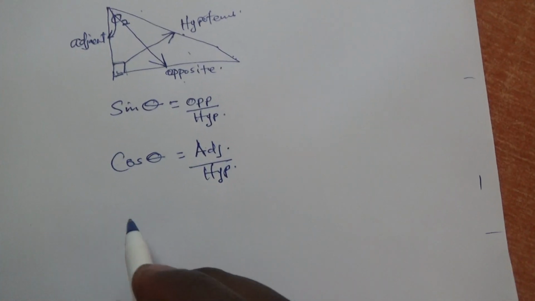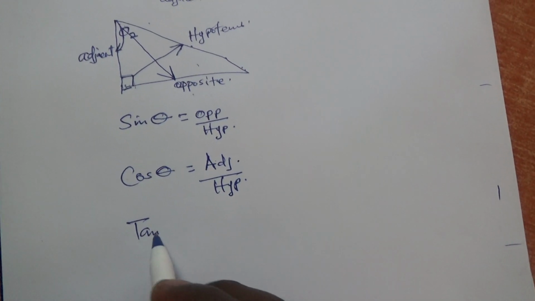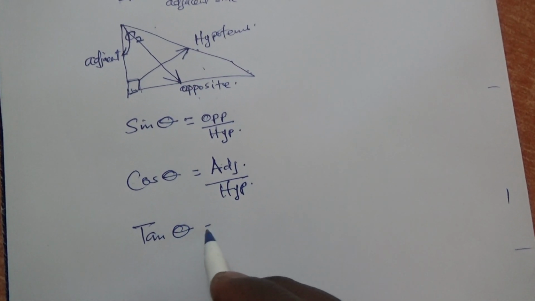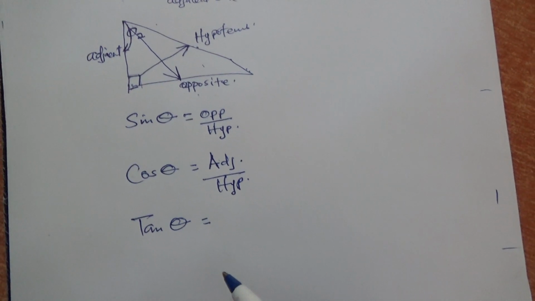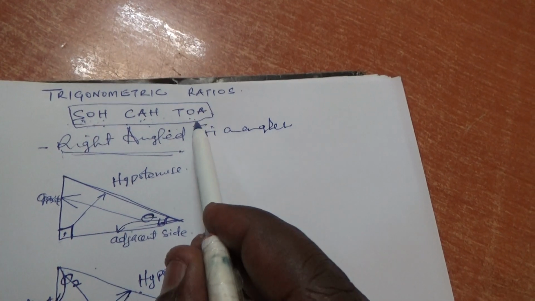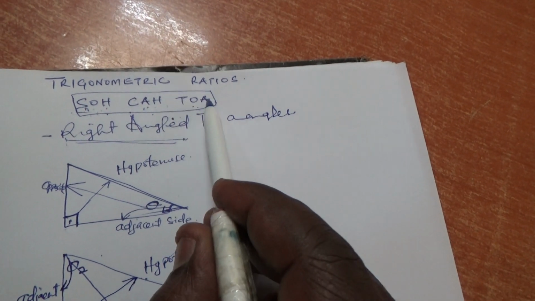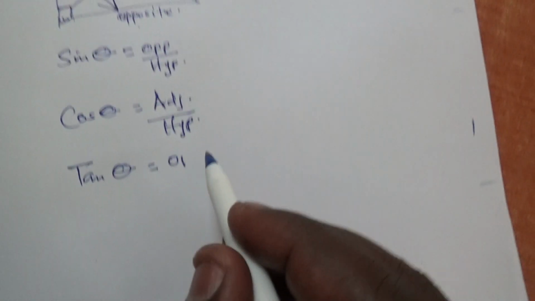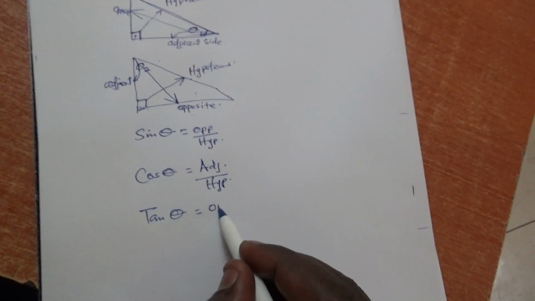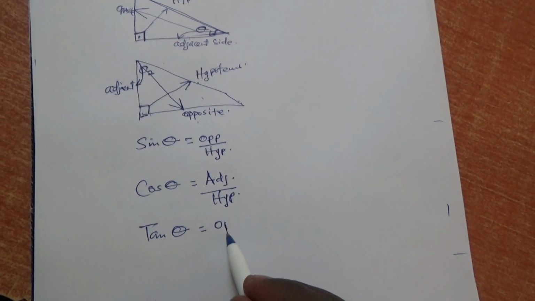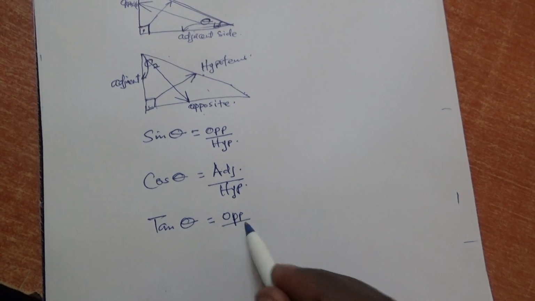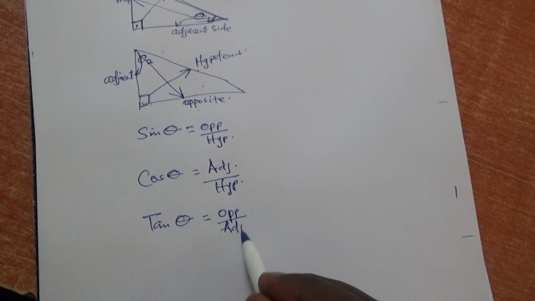And then we also have tan theta, which is going to be opposite, because from TOA we have tan theta, which is opposite and adjacent. So you come here and say tan theta is opposite over adjacent.